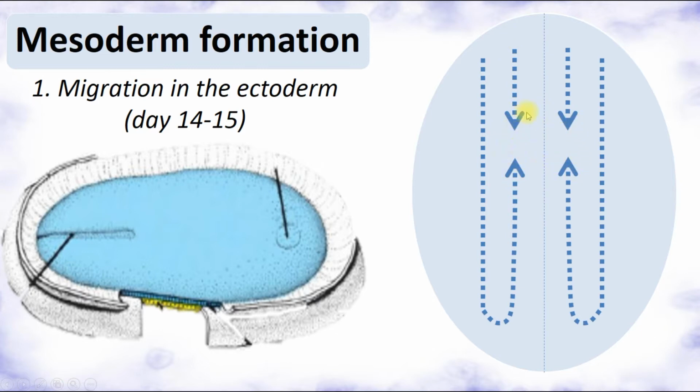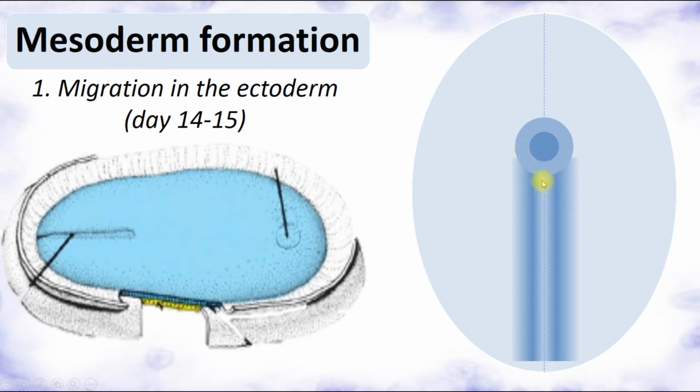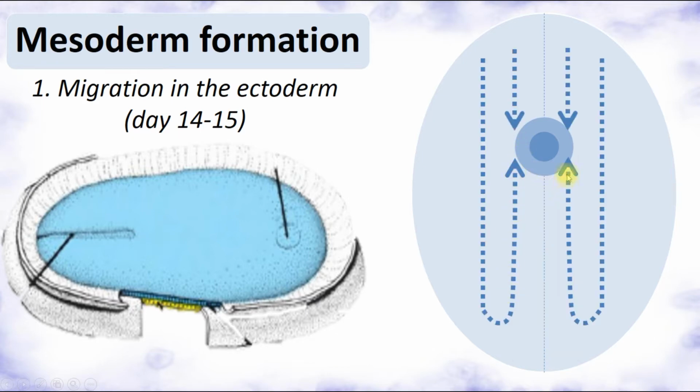And what will happen here? Here cells will be accumulated, they will meet each other and they will form a nodule. It's the primitive nodule, a group of cells which is the result of cell migration. And also here we can see two rows, two directions of cell migration.